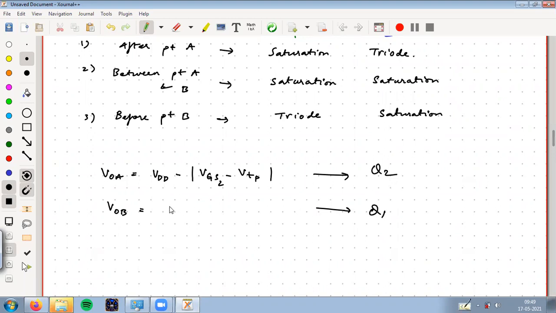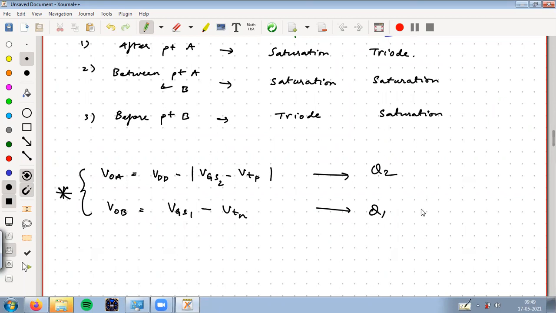So VOB will be simply VGS1 minus VTN. VTP here is the threshold voltage for PMOS, VTN is the threshold voltage for NMOS. So VOB here is VGS1 minus VTN. So these 2 points you must understand.